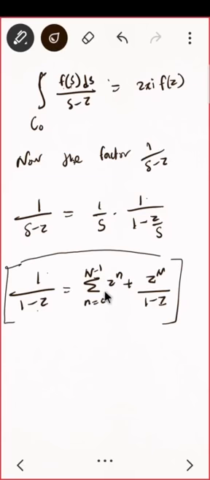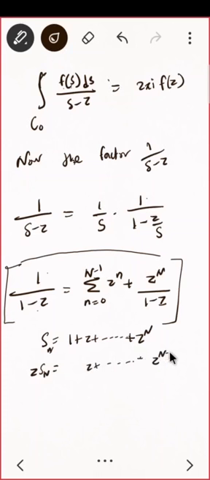If you see how you can write that, easily you can say, suppose you are writing S n equal to 1 plus z plus up to z raised to n. Next, I'll be multiplying z on both sides, so it will be z plus, and up to z raised to n plus 1.